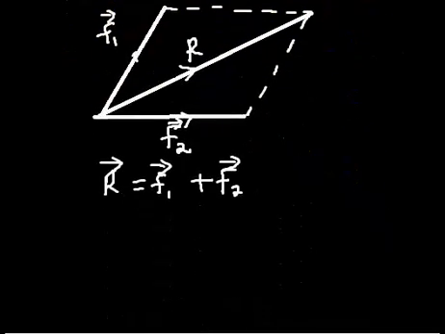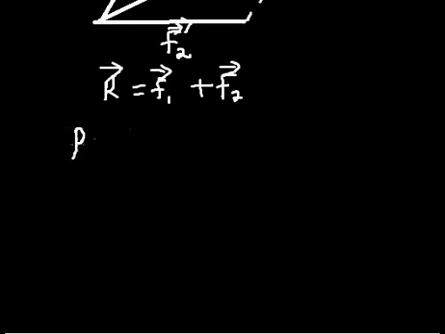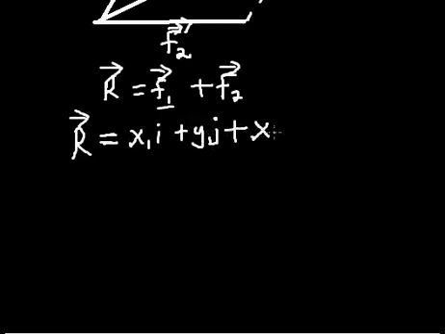Combining these two now in this formula, I can simply say the resultant of these two vectors is going to be equal to the combination of the components: x1i plus y1j, and the same thing here, x2i plus y2j. Of course, you know what happens.